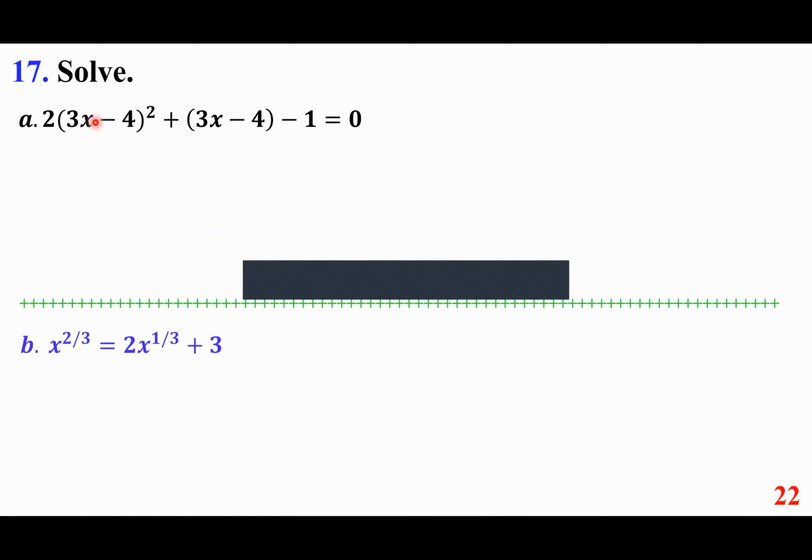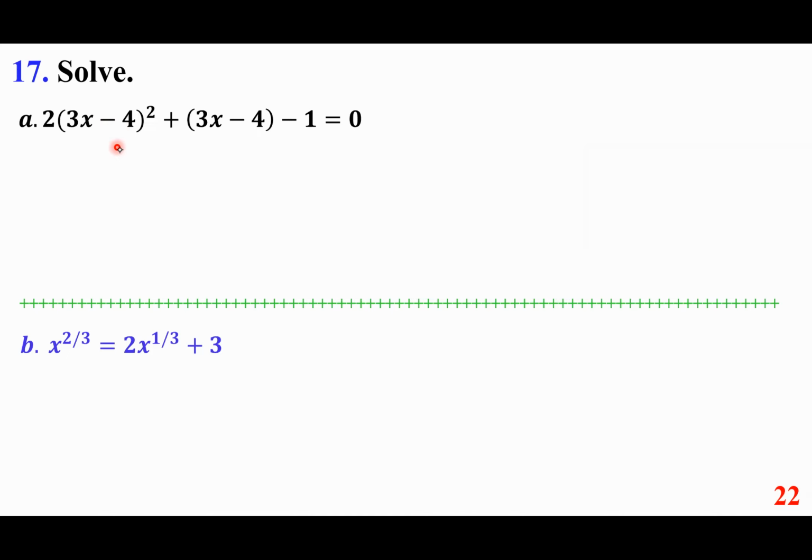So we let 3x minus 4 be anything except x, because we can't use the same variable to represent 3x minus 4. So if we let y represent that, this becomes 2y squared, this becomes plus y, and it's minus 1. All you have to do is factor this.